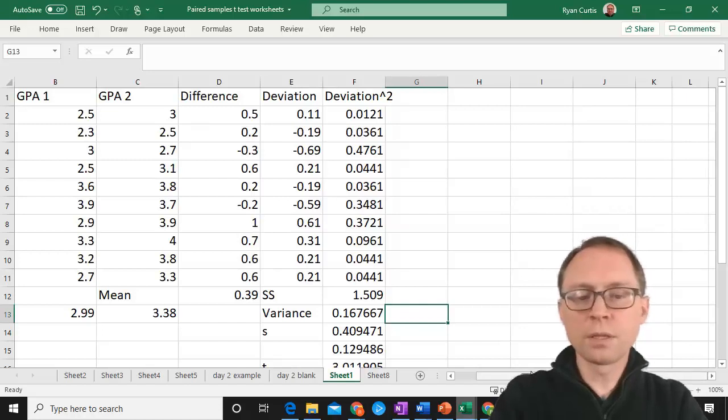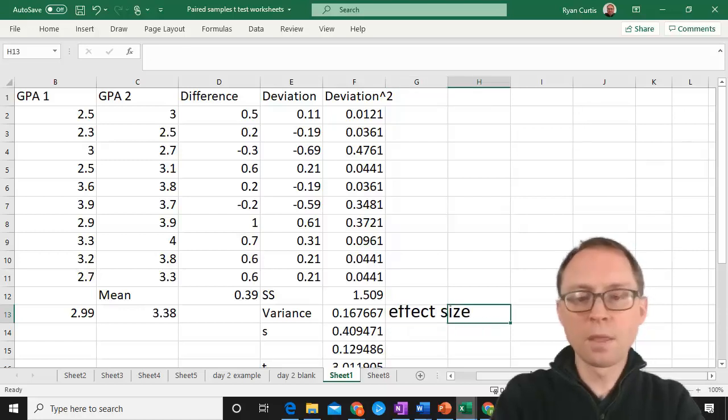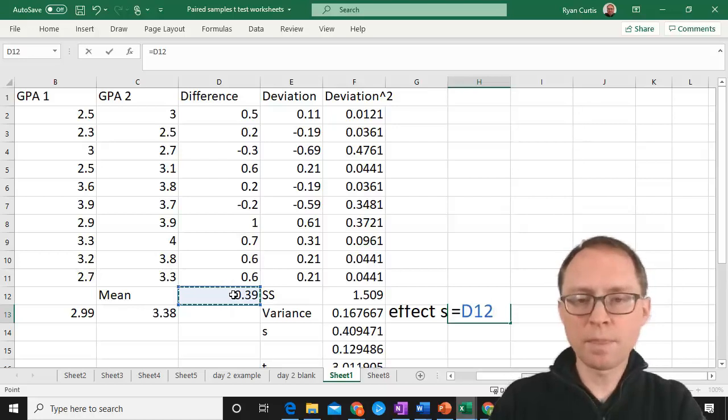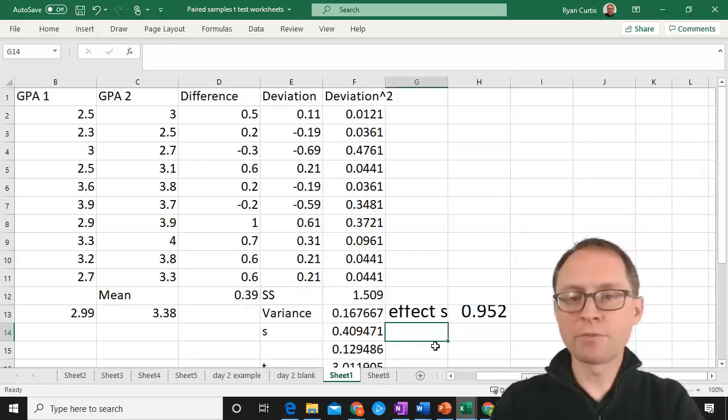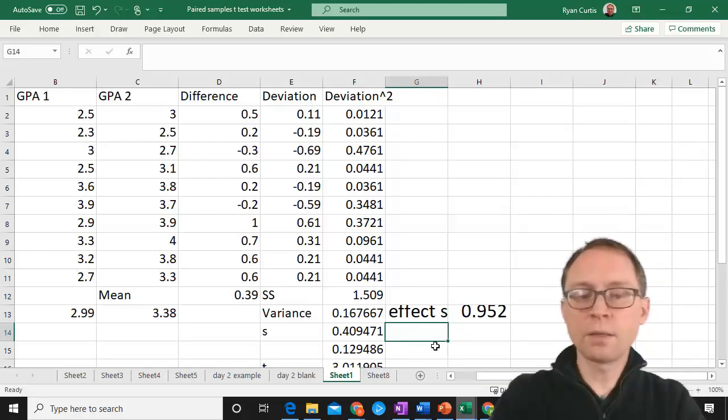We are going to get our estimated effect size, big letters, which is going to be the mean of the differences divided by the standard deviation of the differences, 0.952.